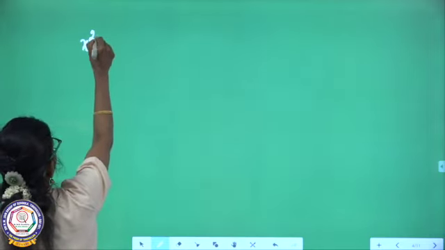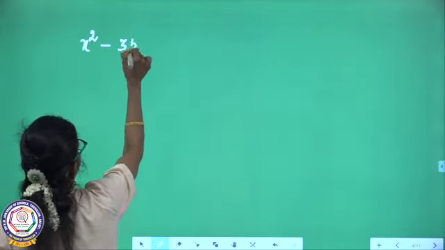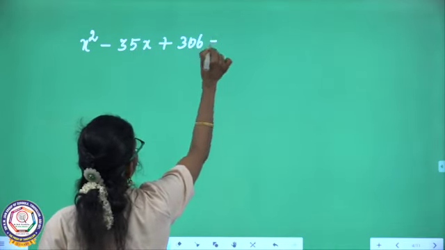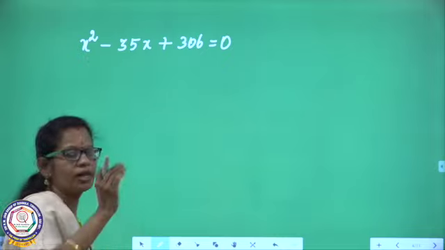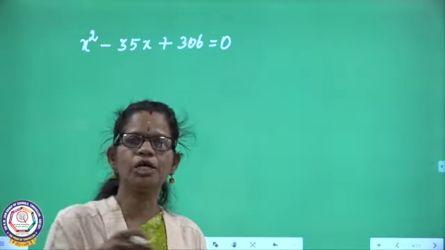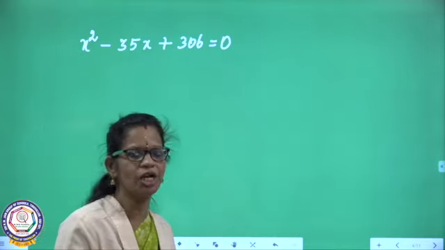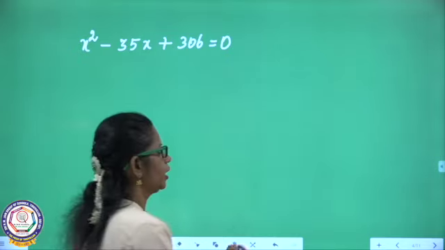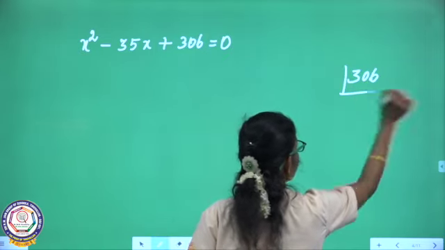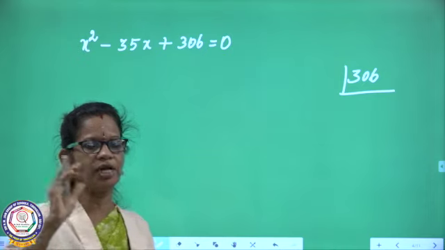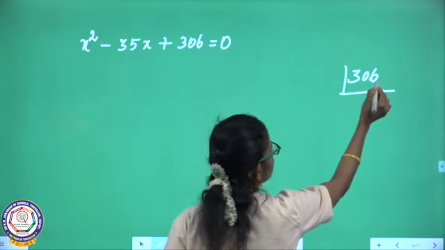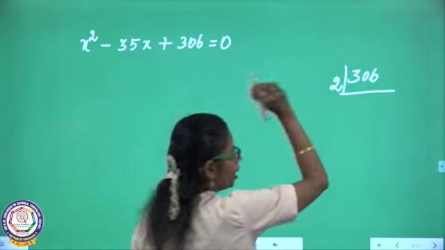x square minus 35x plus 306 equal to 0. Whenever the number comes big in size, better you should use the L-shaped division to find out the possibilities, right? 306, again and again I am repeating, so that you people will not commit mistakes. The number ends with 6, so it is divisible by 2.